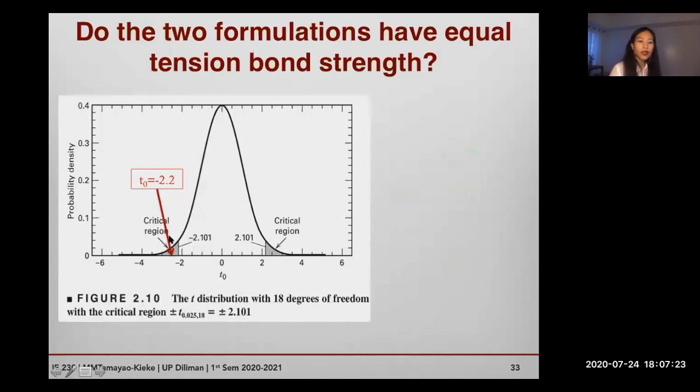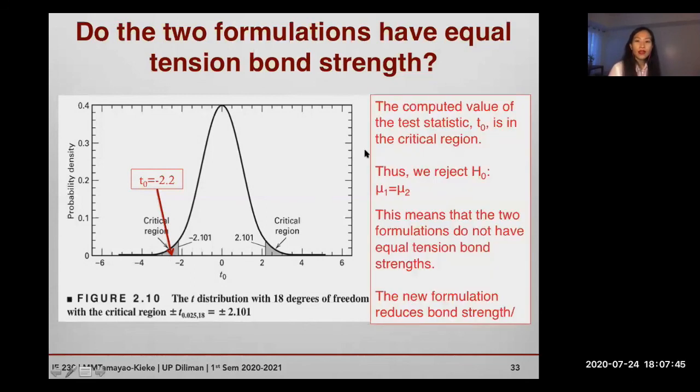And obviously this is within our critical region. So what do we say given our values? Given that our test statistic is within the critical region, we then reject H0.